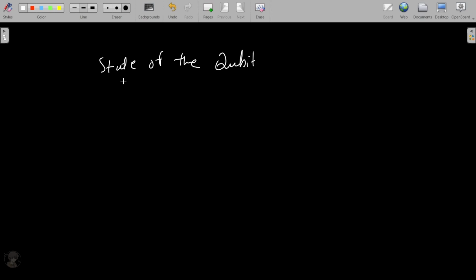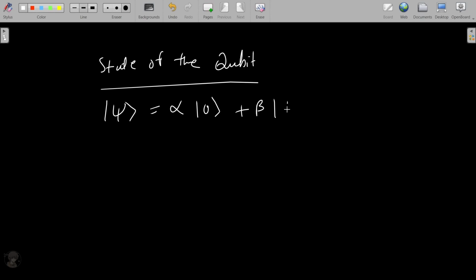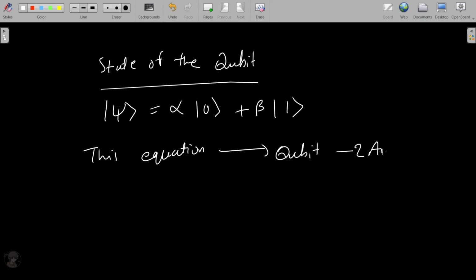If you already know this, you can skip this part. Ket psi equals alpha ket 0 plus beta ket 1. This equation means the qubit has two amplitudes, alpha for state 0 and beta for state 1.